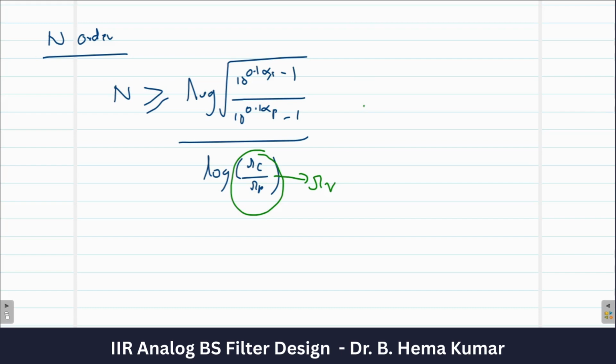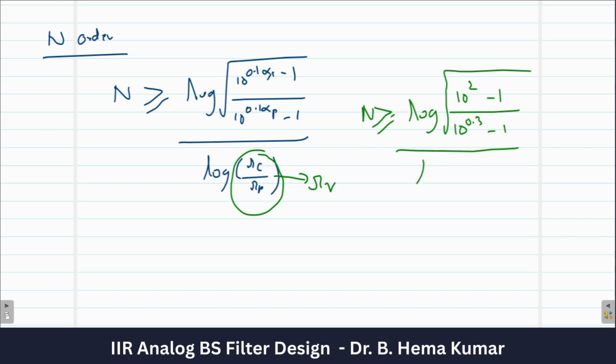Accordingly, n should be greater than or equal to log of square root of (10 power 0.1 times alpha s minus 1) divided by (10 power 0.3 minus 1), because alpha p is 3 decibels, and alpha s is given in the question as 20 dB, divided by log of omega r.